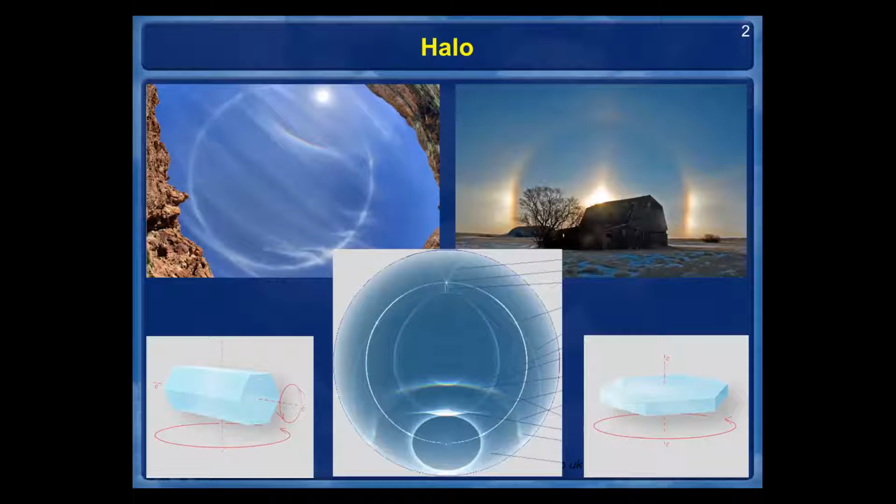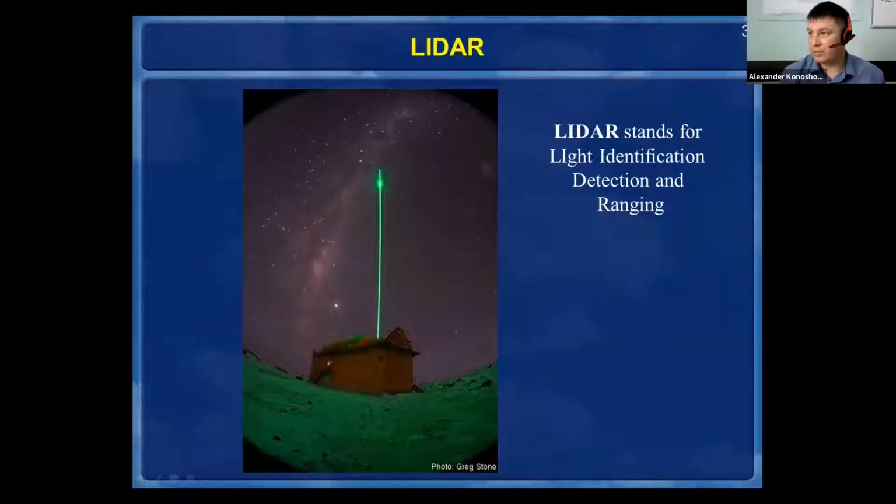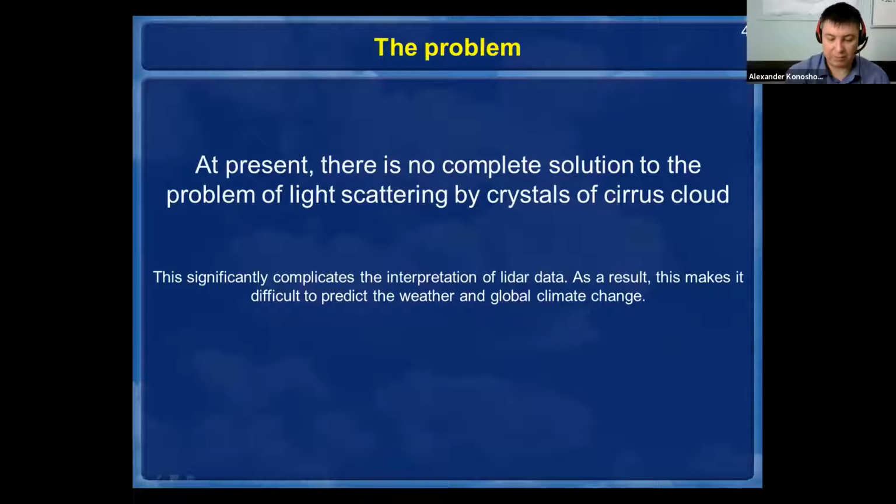And usually we use lidar to understand what's happening in clouds and what the microphysics of these clouds is. So we need a solution for the light scattering problem on ice crystals, first to interpret the lidar data.